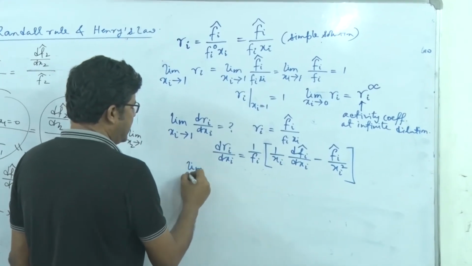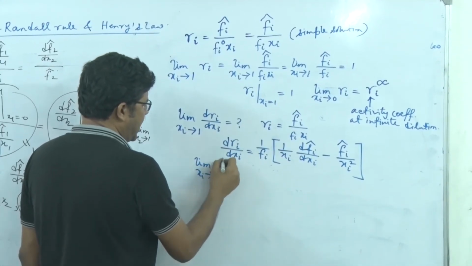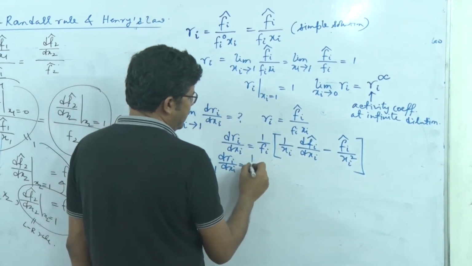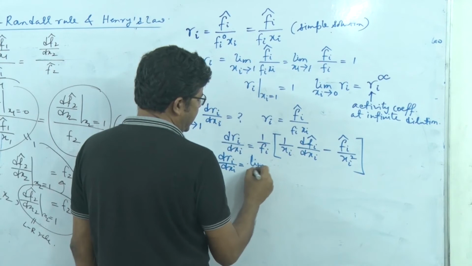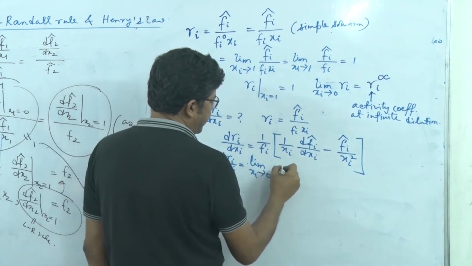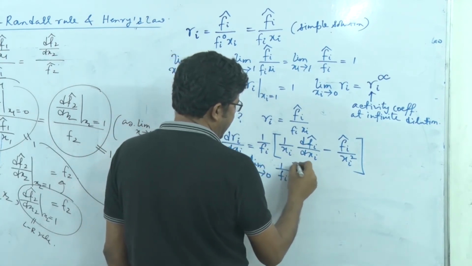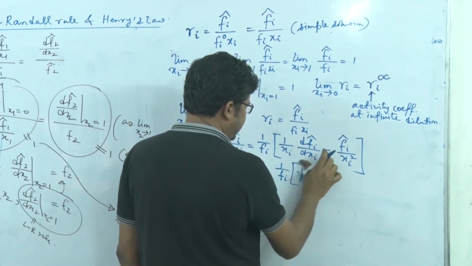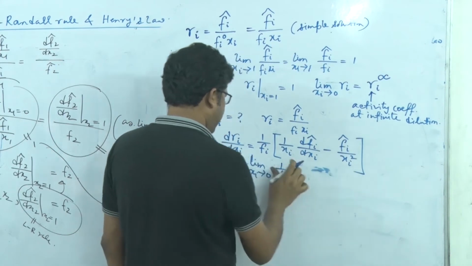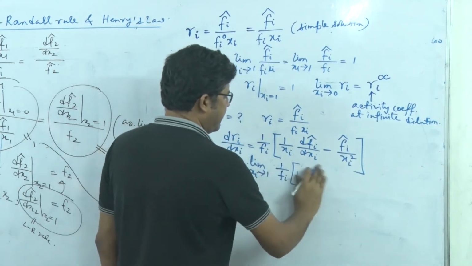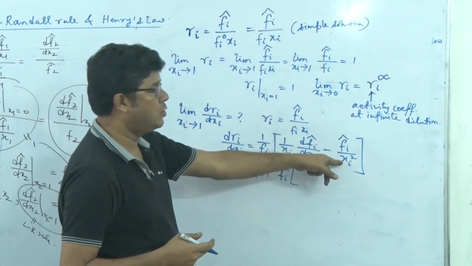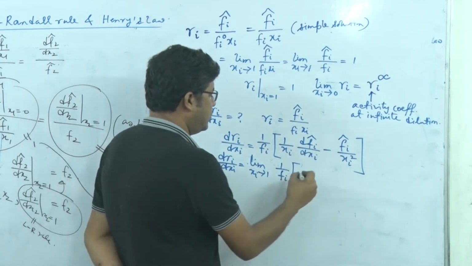With the limit xi tending to 1, this xi will be equal to 1, and this xi square will be equal to 1.